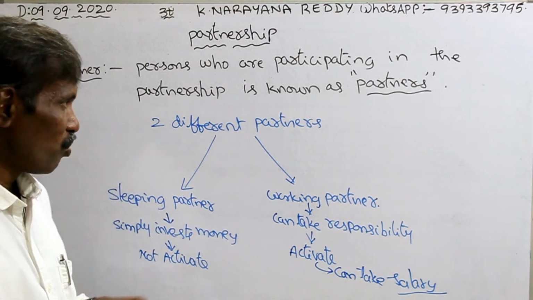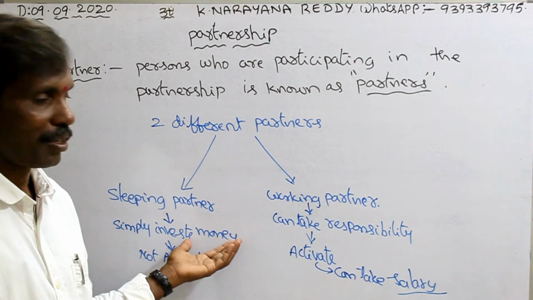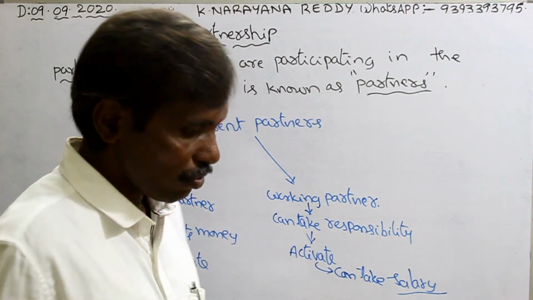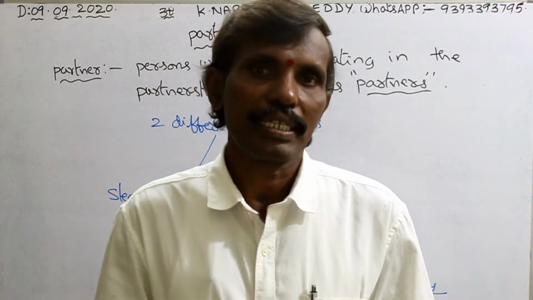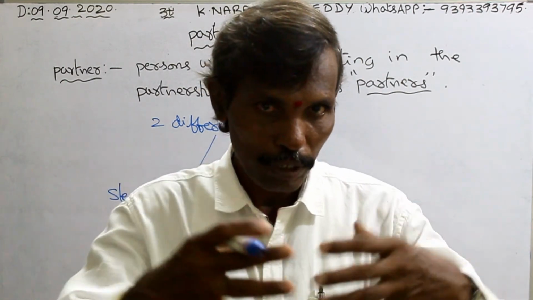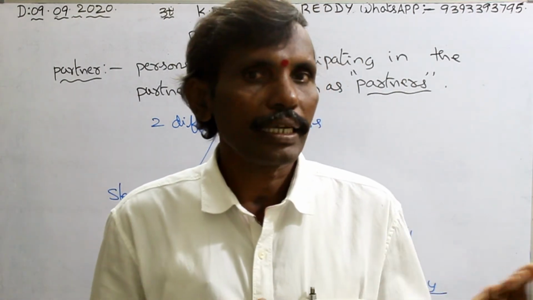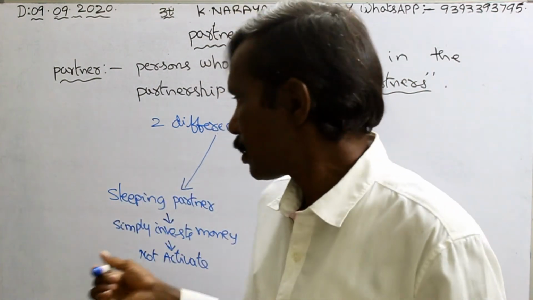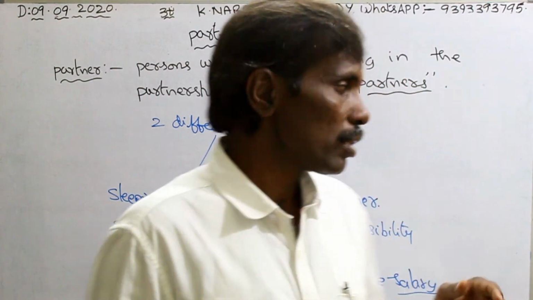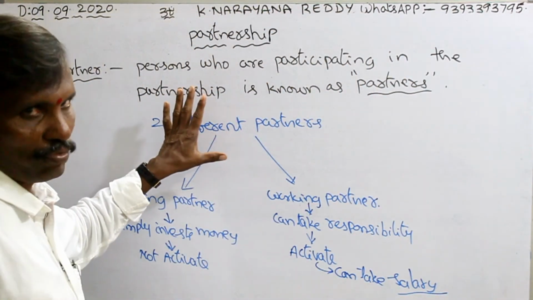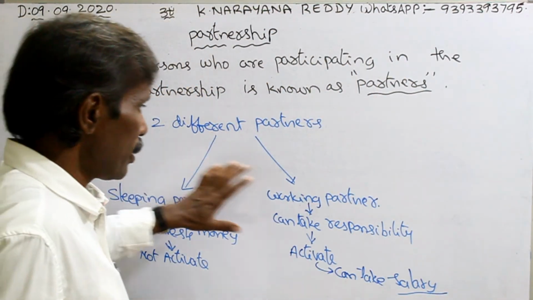Working partner and sleeping partner. A working partner can be active in any part of business and take some responsibility, so that person can take salary, but the sleeping partner can't take any salary. Okay? These are the two types of partners in partnership, sleeping and working.